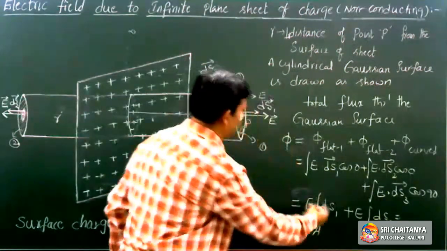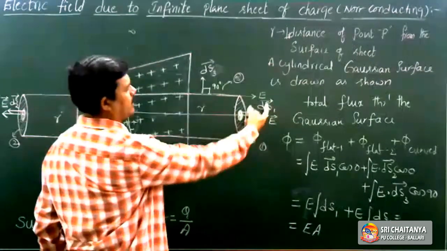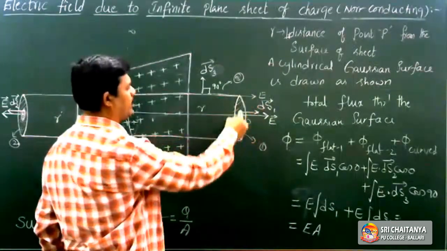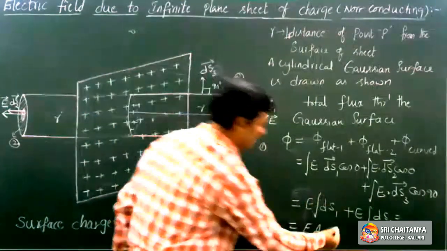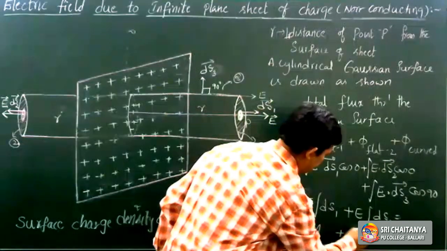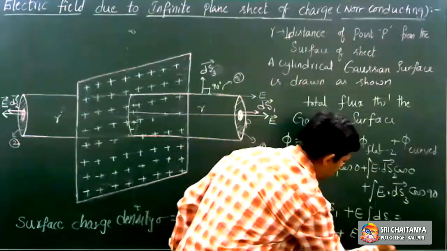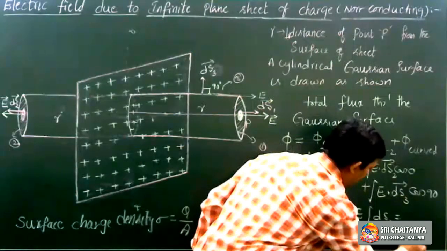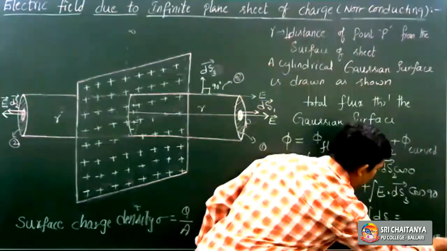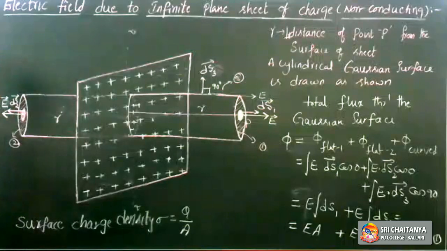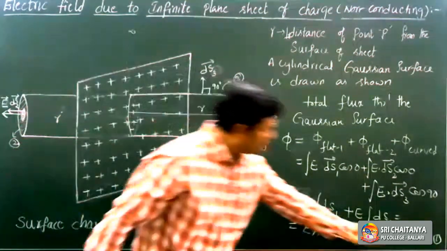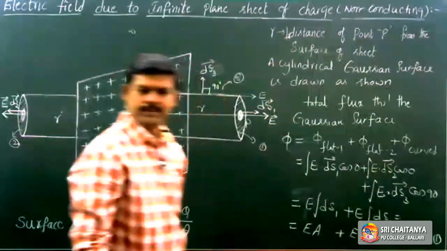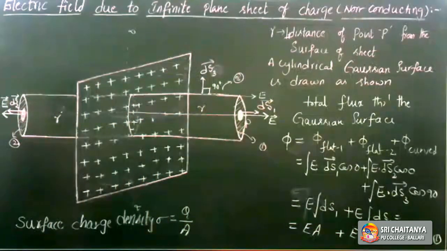EA for ds1 and EA for ds2, so this is 2EA. This is the first one, right? So what is the flux through this Gaussian surface? 2EA, right?